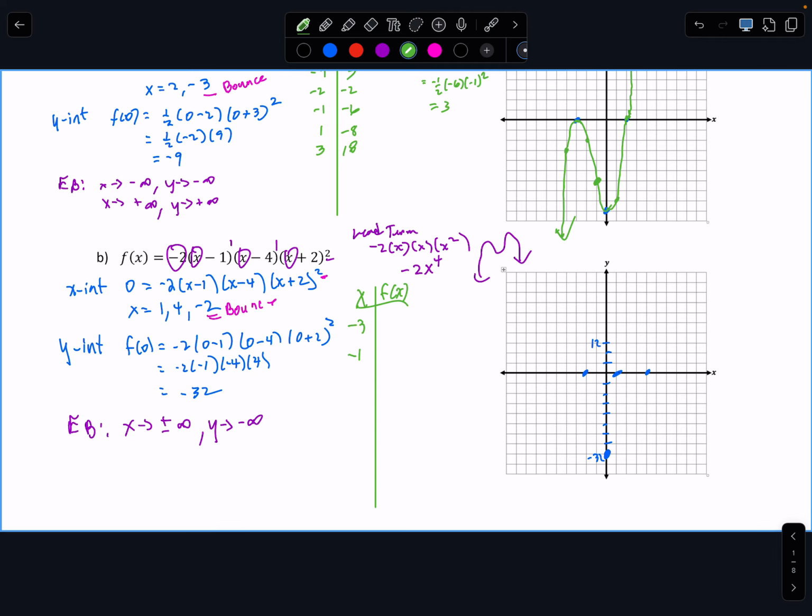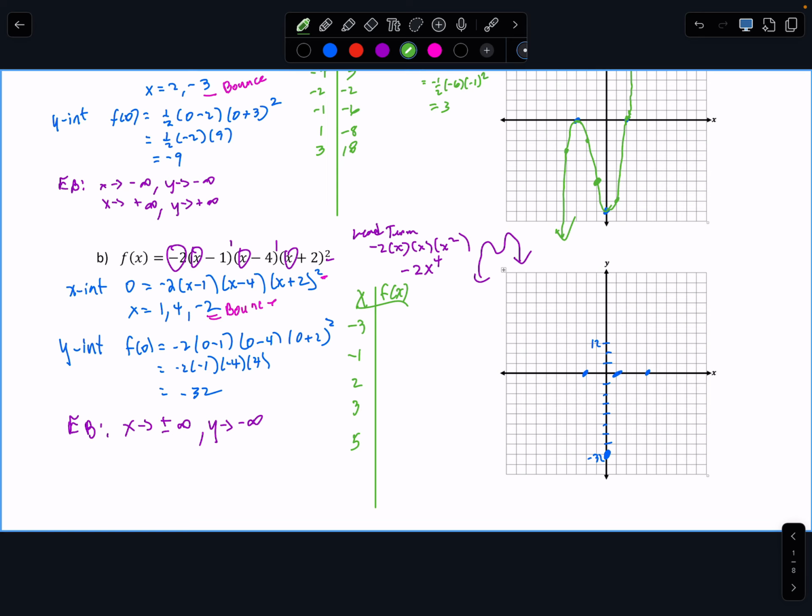I would use negative 1. I already know at 0 that it is negative 32. I already know at 1 it's 0. So then at 2, 3, and 5. So that gets all the x values in between the first and last x-intercept, and then one x value beyond each.